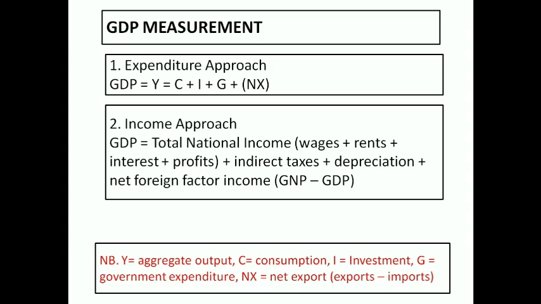As we know, the net foreign factor income is the gross national product minus the GDP. The abbreviations can be seen in the box in red.